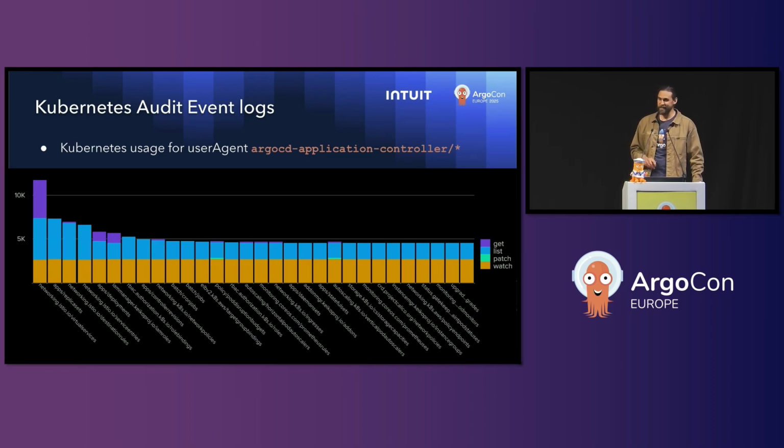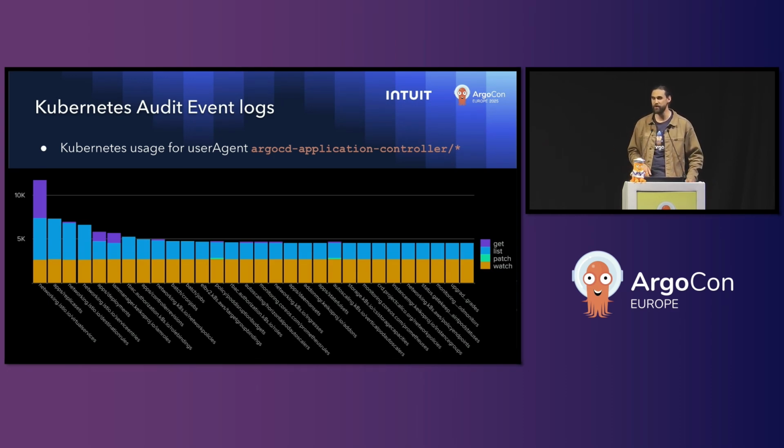So another thing is, as said, we have to monitor external dependencies. One way to do that for the interaction with Kubernetes is to look at the audit logs. Kubernetes will produce an audit log for each call to its API.